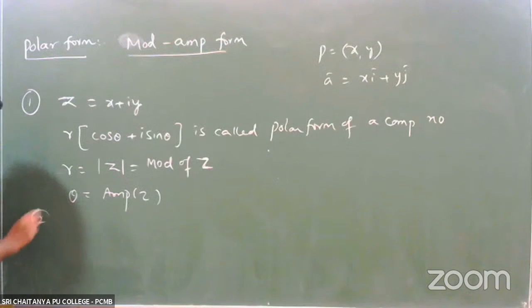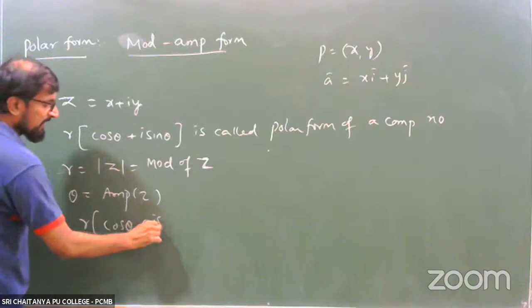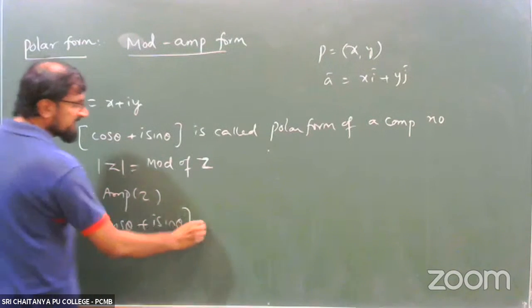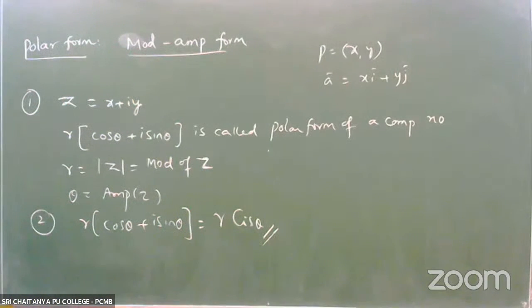Now the second point is r into cos theta plus i sin theta is also represented as r cis theta, right? So cis theta means cos theta plus i sin theta.